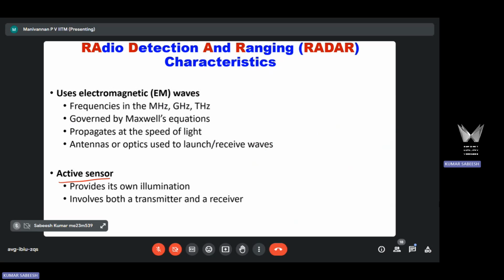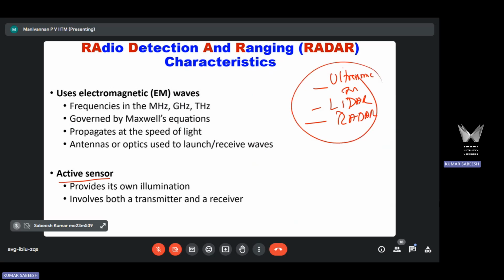We are going to see different types of sensors used in autonomous vehicles, like ultrasonic sensor, LiDAR sensor, radar. These are the sensors we are seeing. Of course, you would have heard about other types of sensors.